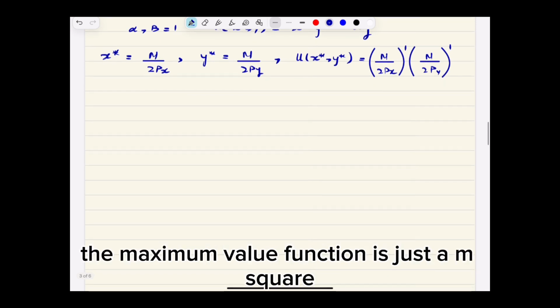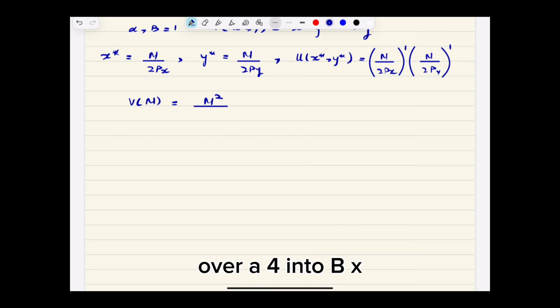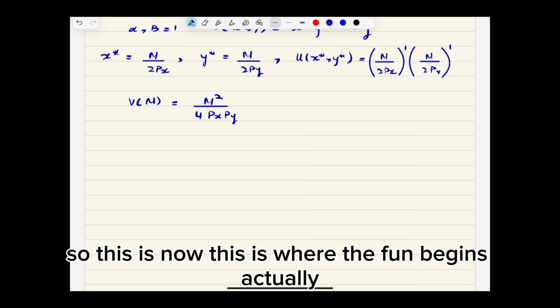So the maximum value function is just m square over 4 into px py. So this is where the fun begins.